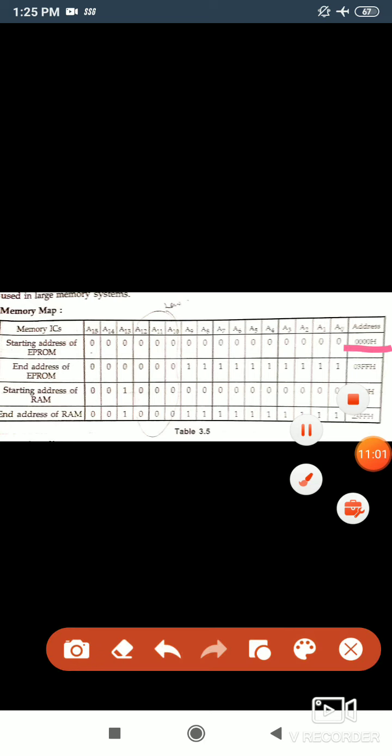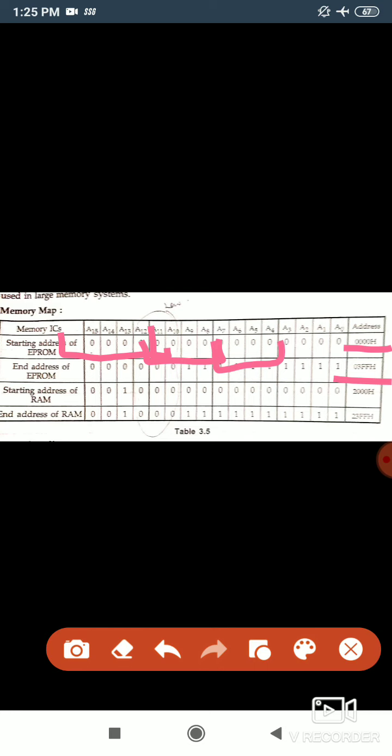After this, we will calculate the address in hexadecimal. So we will pair them, four zeros are paired together, 0, 0, 0 and 0. So the starting address of ROM is 0000H.